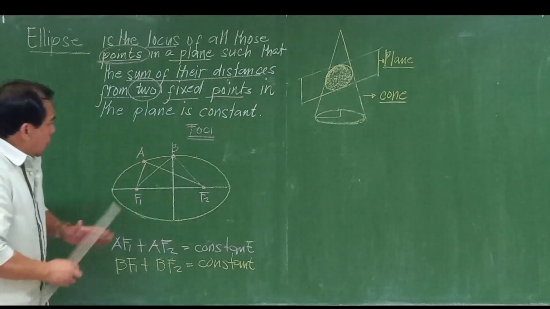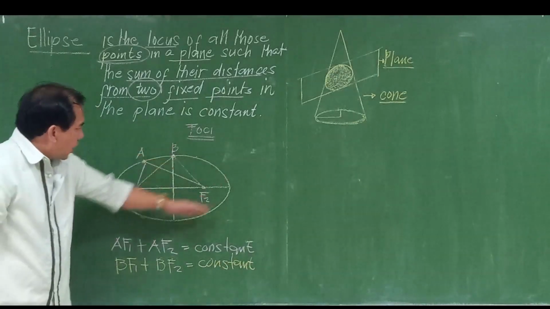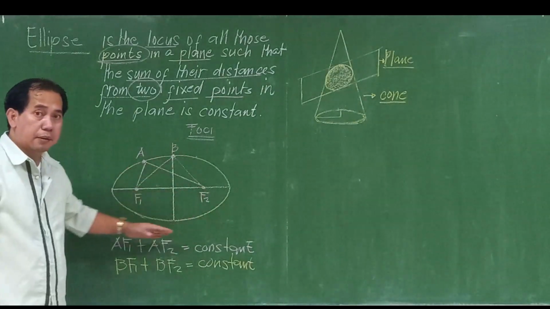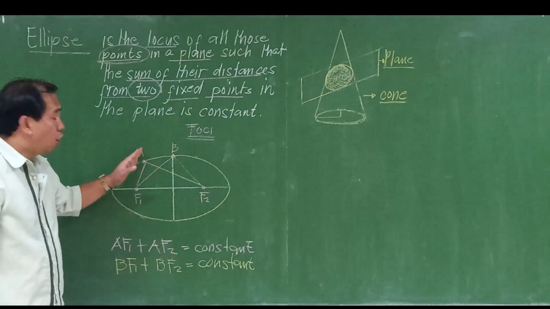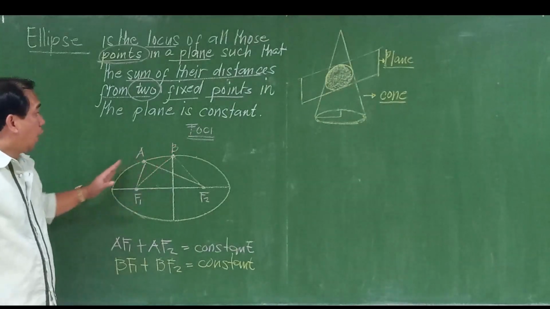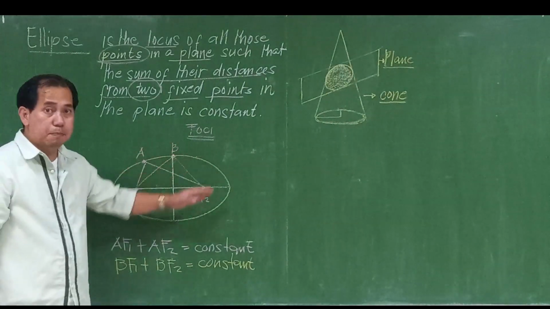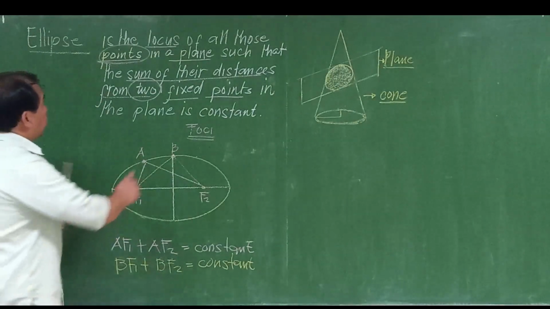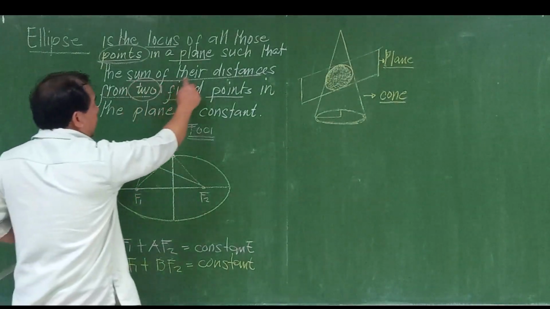Meaning, these points, point A and B, are located on the ellipse.